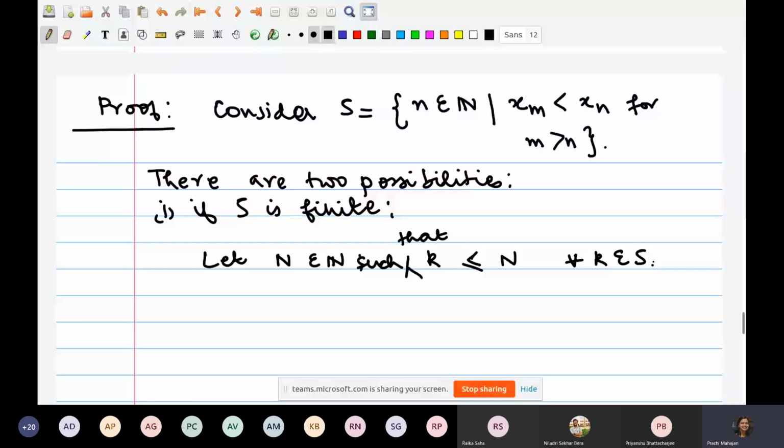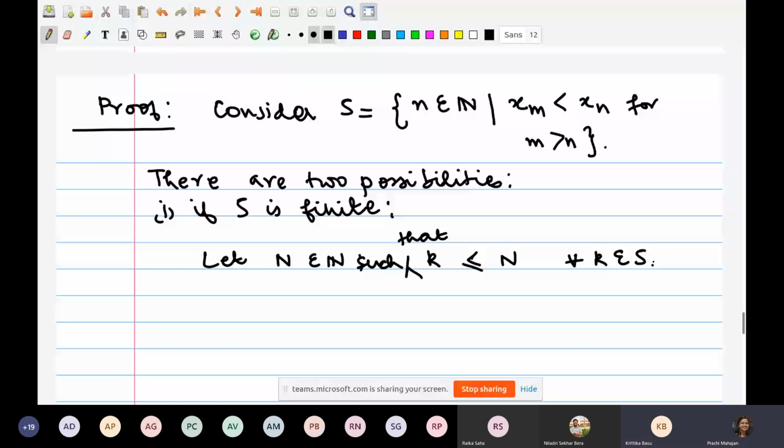I'm using the fact that S is finite. There are only finitely many terms. You just take the maximum of all of those and call it capital N. Is that okay?